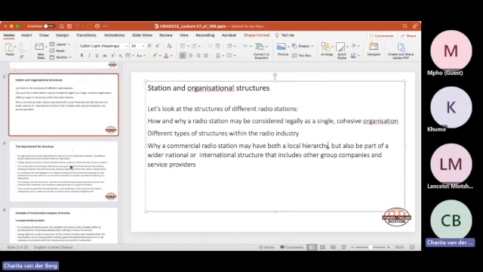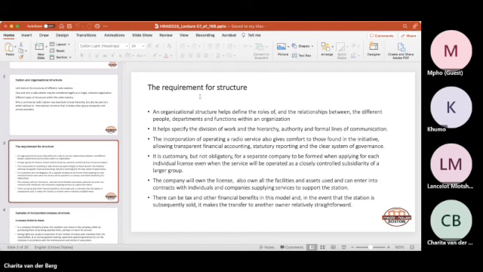So what does it mean if I talk about a structure, a requirement for a structure? An organizational structure helps define the roles and the relationships between different people, different departments, and functions within an organization. Okay, so it's important that you have organizational structure if you are part of one of these bigger companies.